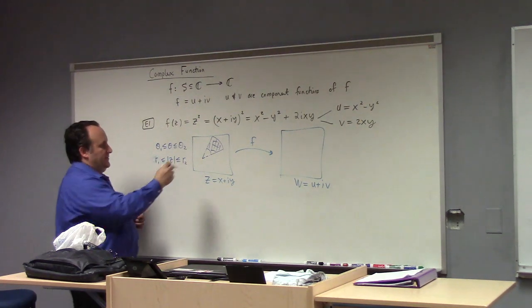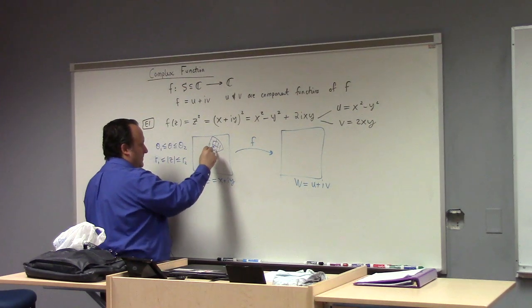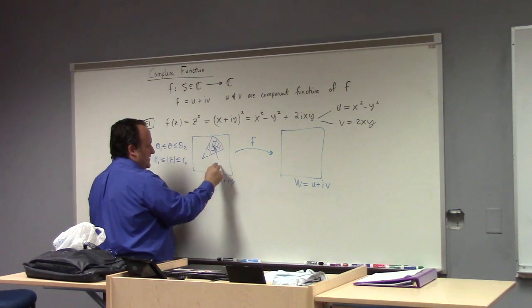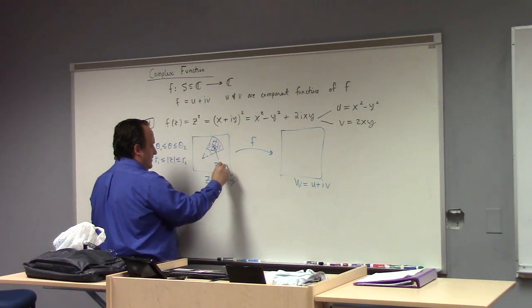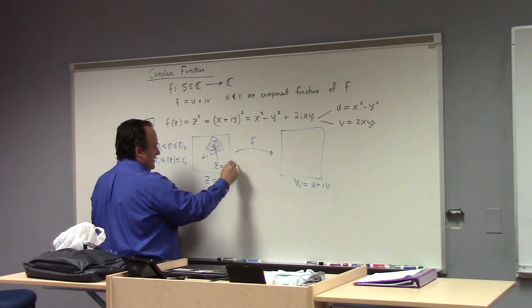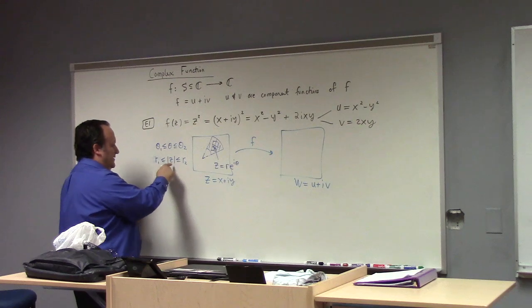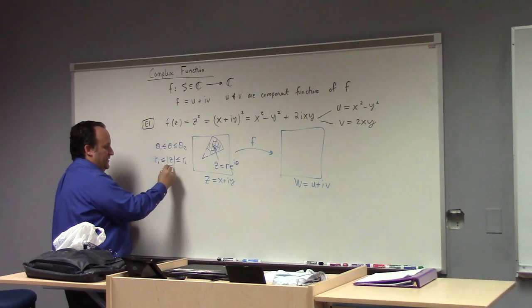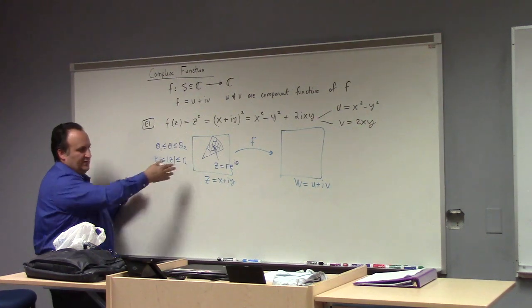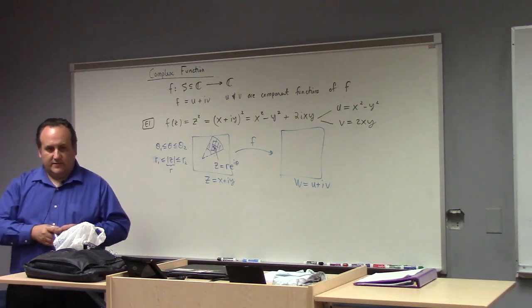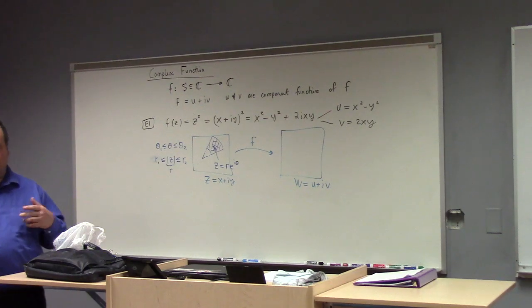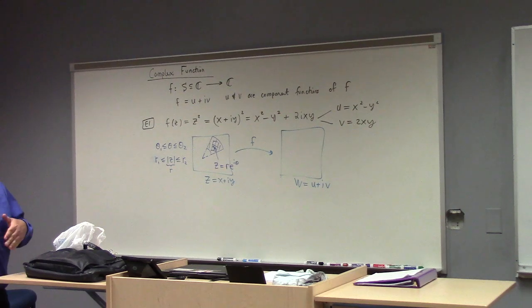So if we think about a typical point in here, z, we have z is equal to r e to the i theta. I'm thinking of this as being the r, right? So as my r ranges from the minimum to the maximum value, and my angle ranges from theta 1 to theta 2, I'm tracing out a sector. It's a portion of a circle.